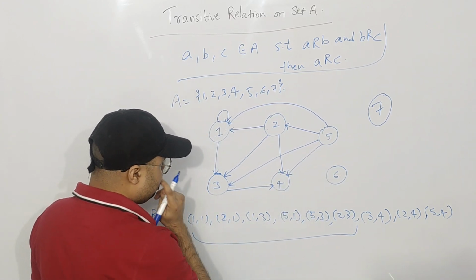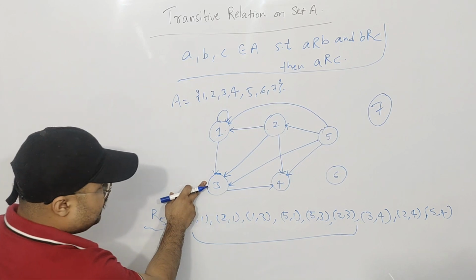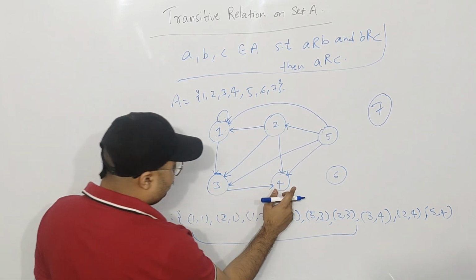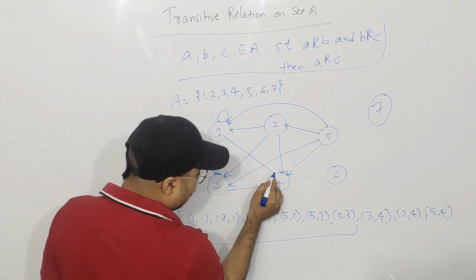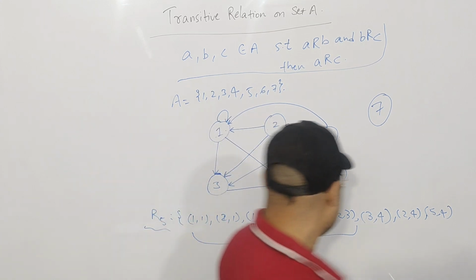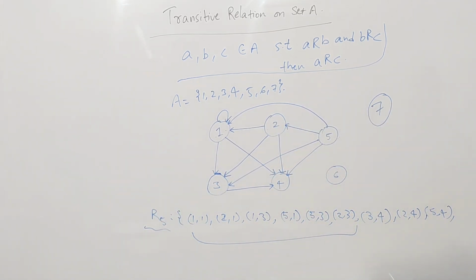And then 1 is related to 3 and 3 is related to 4, so 1 must be related to 4. Now R5 is transitive.